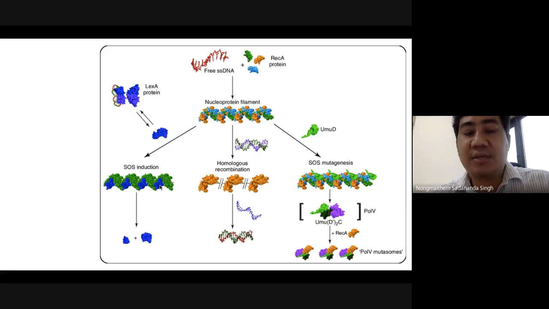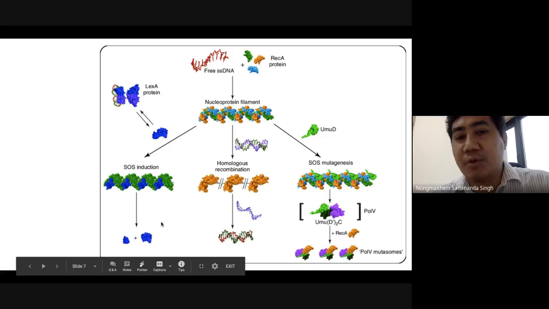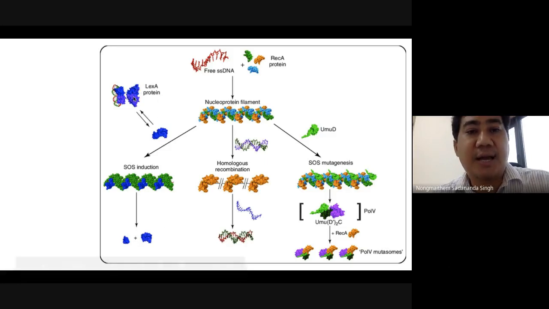the RecA filament activates the autoproteolytic cleavage of LexA. So LexA is cleaved into two, and it is no more able to bind to DNA, unlike the full-length LexA. LexA full length is a DNA-binding protein. It binds and does its activity.